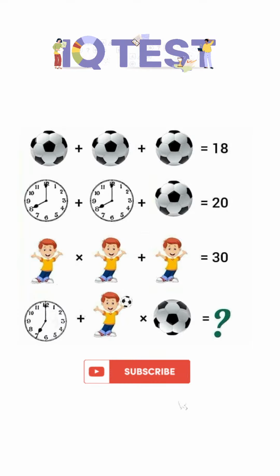Okay, so the boy in the middle is holding a ball. You need to know that. So the boy plus the ball will be 11. So just the wall clock alone is 7.